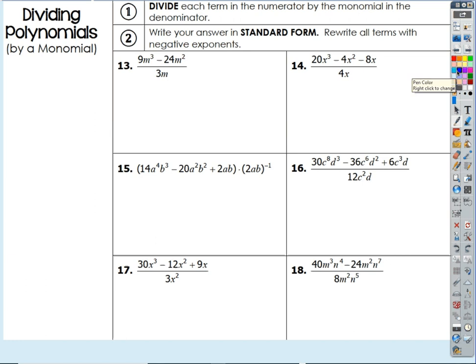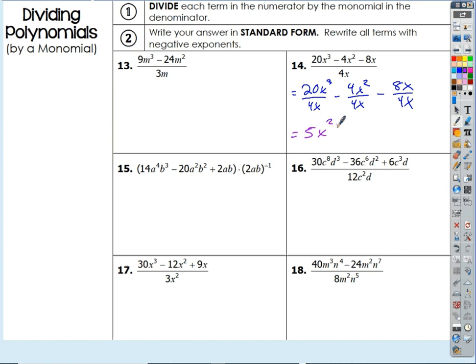I'm just going to break it up into separate parts. 20x cubed divided by 4x minus 4x squared divided by 4x minus 8x divided by 4x, right? And I can simplify each one of those. What's 20x cubed divided by 4x? 5x squared, good, right?